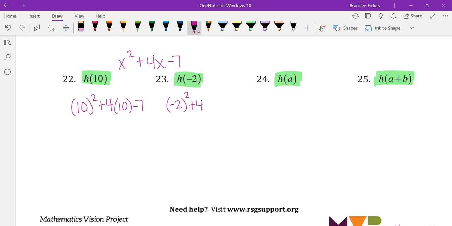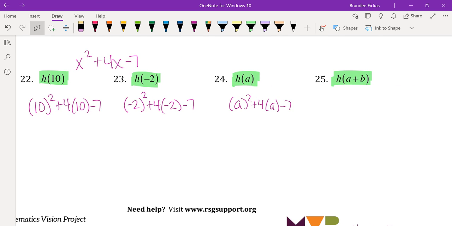Please make sure, notice how whether it's negative or positive, the 10 I also put in parentheses. It's a good habit to use parentheses every time you plug something in. Then we have a, so we would have a squared plus 4 times a minus 7. Simplify, combine things that you can.